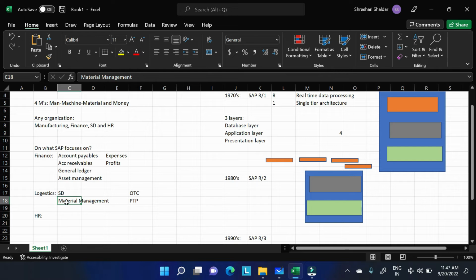By analyzing the performance of whoever is working, the HR module has a particular ID for that person who is working over here. So these two are integrated. You can consider all the modules within SAP as integrated with one another.